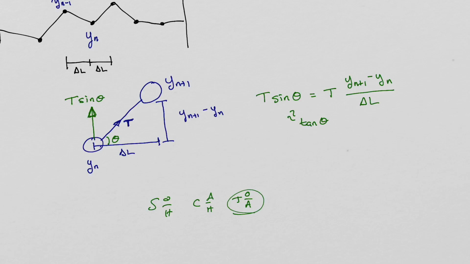So the vertical component of the force on y sub n due to y sub n plus 1 is approximately given by T times y sub n plus 1 minus y sub n over delta L.